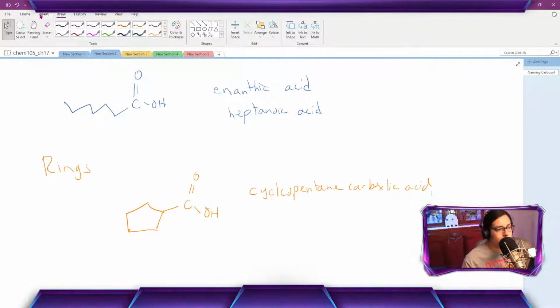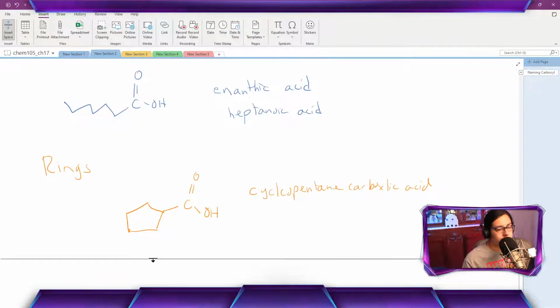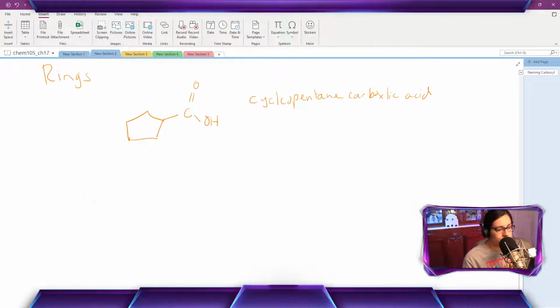Let's look at another one. This is a good one. So pay attention to the stereochemistry. So what would the name of that one be?